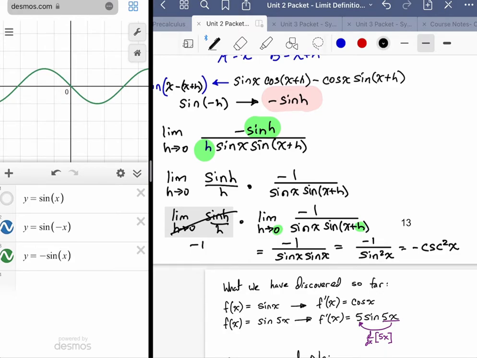So if you have two functions that are complements of one another, we can actually determine the relationship between the derivatives. I'll even take it a step back and say, well, we knew that sine had a derivative of cosine.